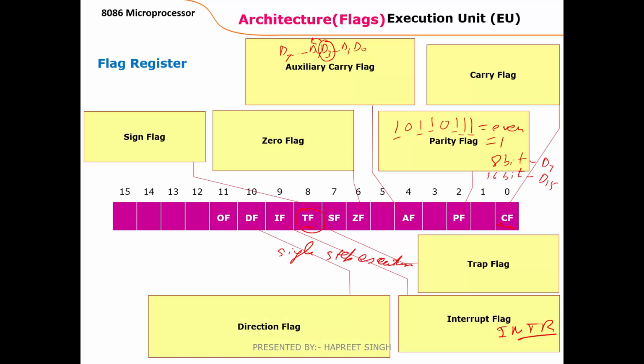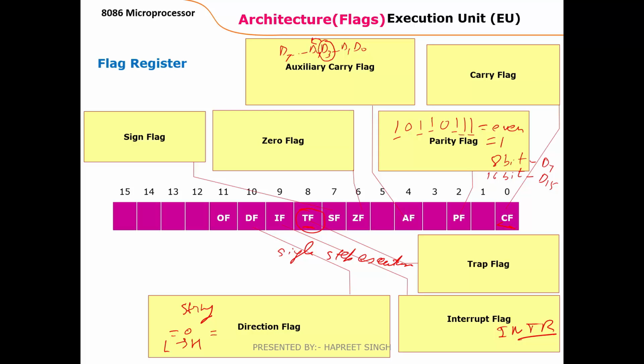Next one is direction flag. This is used by string manipulation instructions. If the direction flag is equal to 0, the string is processed beginning from the lowest address to the highest address, that is lower to higher.